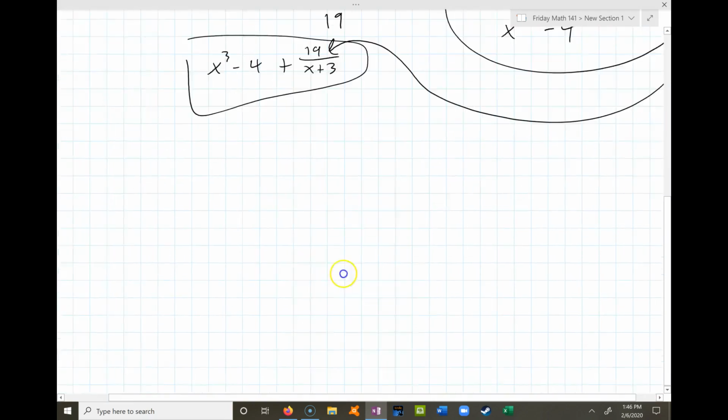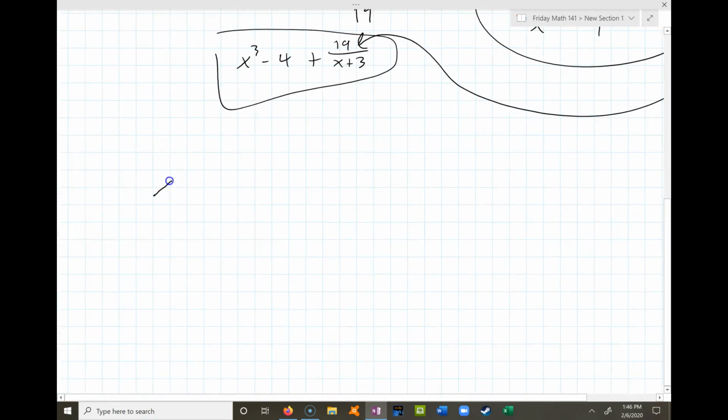Okay, let me do one more example. Let's say I want to divide x plus 2 into 3x to the third plus 7x squared minus 4x plus 2.